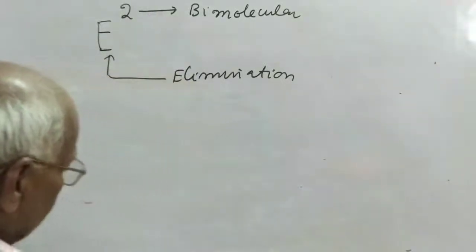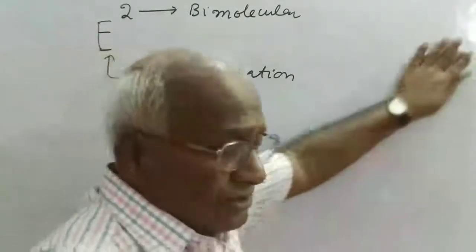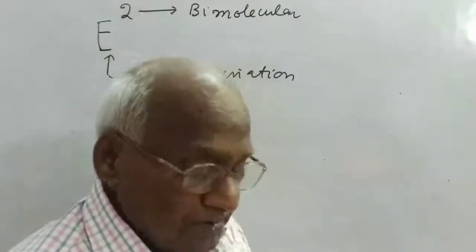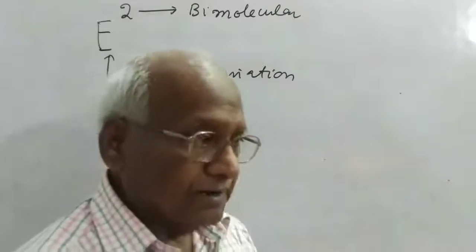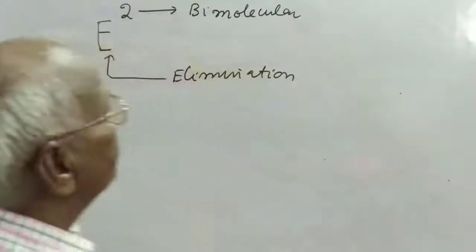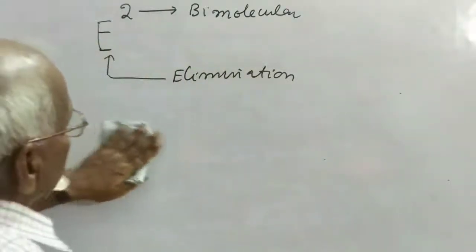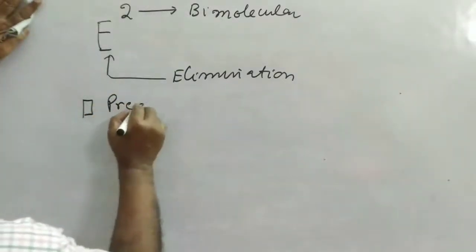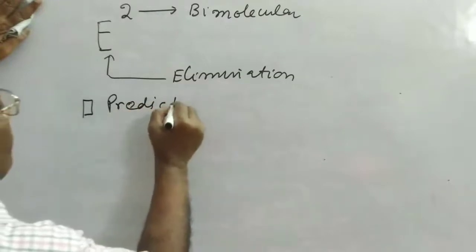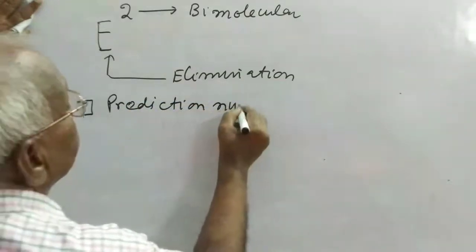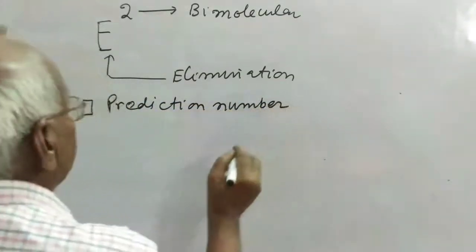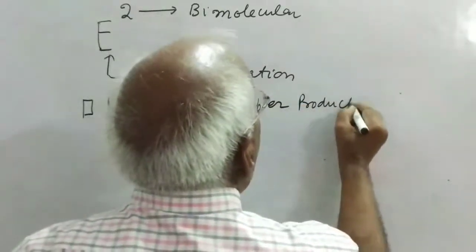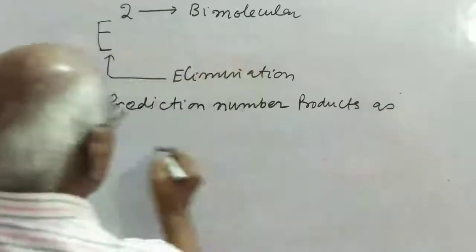Questions are asked in the examinations. How many alkenes will be formed as a result of E2 reaction? Say for example, prediction of number of products as a result of E2 reaction.